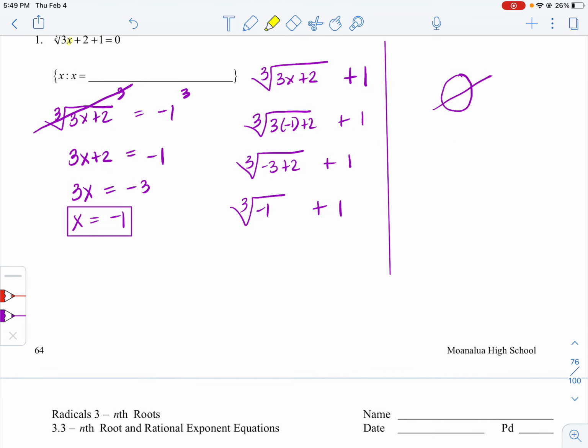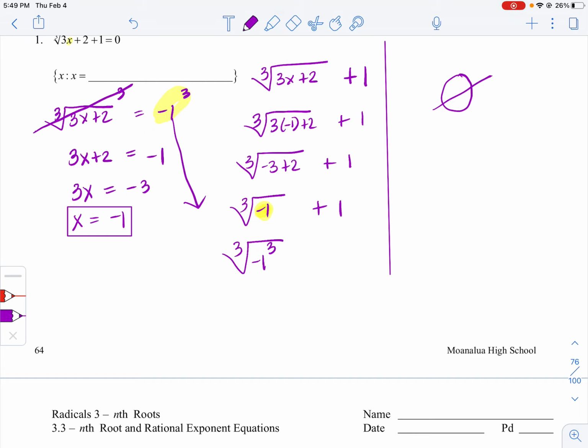And I could simplify this, right? My goal is to cube that. I already have that there, so I could just copy that again, and I have negative 1 cubed, because negative 1 times negative 1 times negative 1 is negative 1 again.